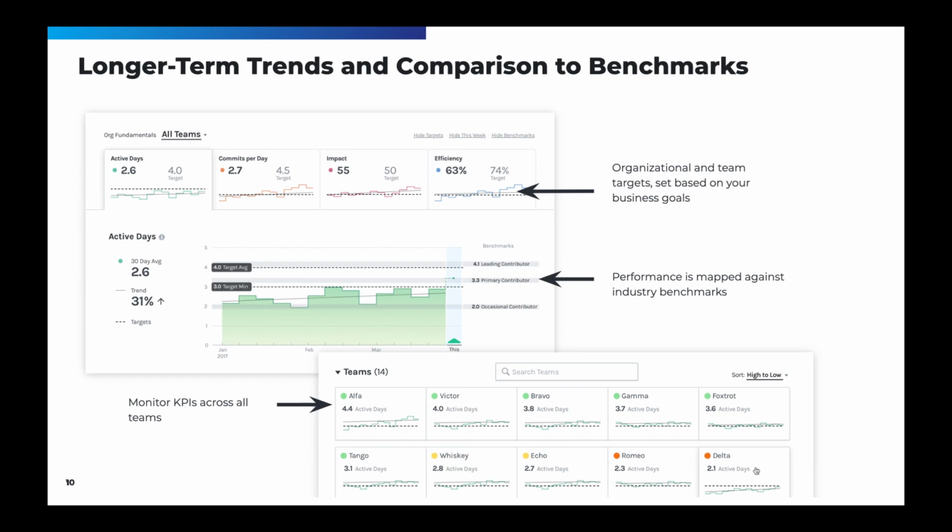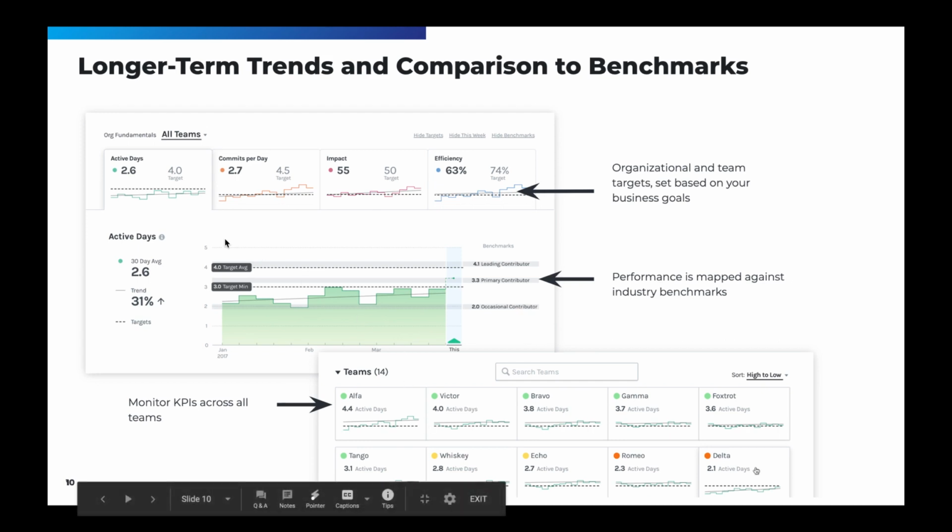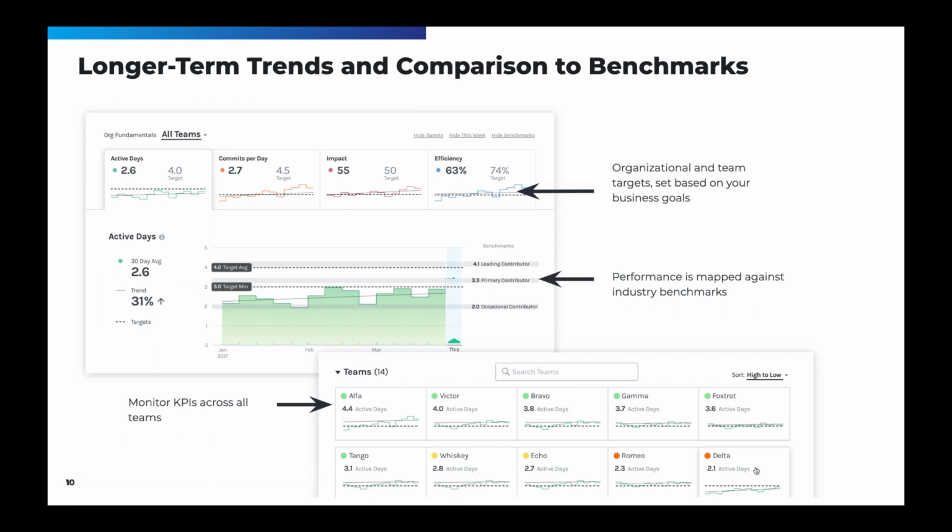After 90 days and certainly after 12 months, we would expect a meaningful and measurable improvement to these metrics. The most important takeaway here is that these metrics have a positive correlation to productivity by any other measure.